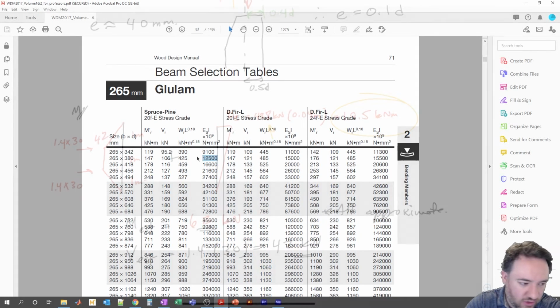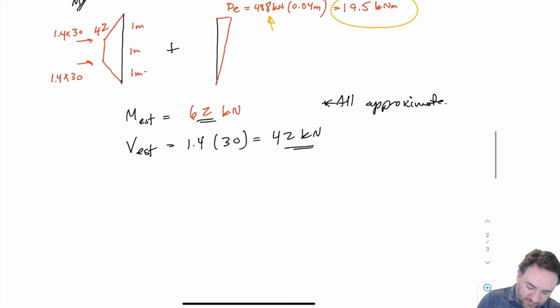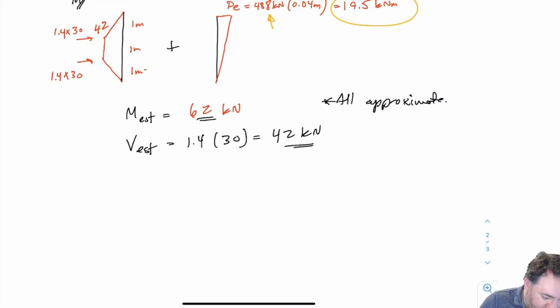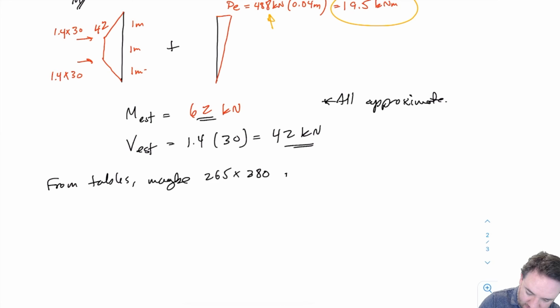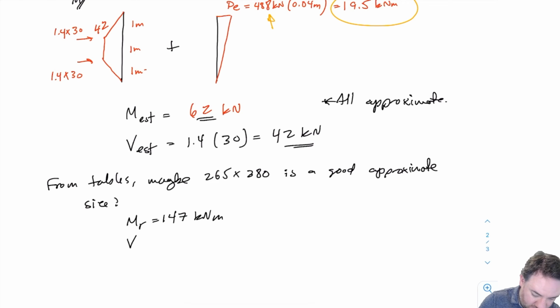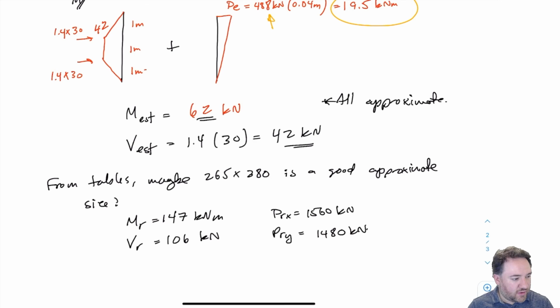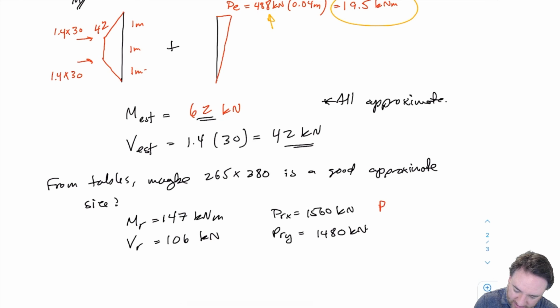Okay, so from those tables, which we just looked at, these are the MR, VR, PR, and PRY. Remember our PF approx was about 490, so we're at about a third of that.